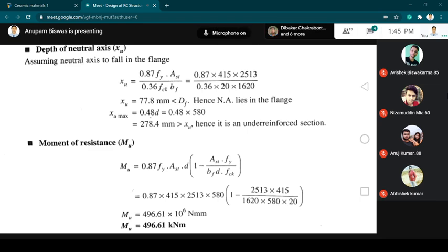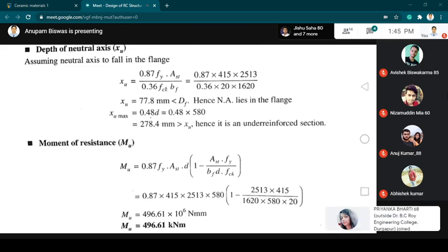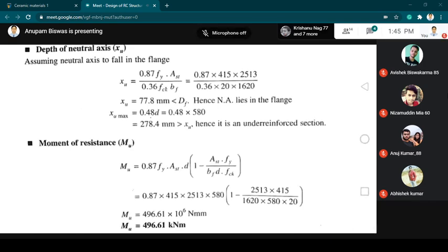So from here we know that the design will be considered as a rectangular beam, the width of the beam as bf, width of flange, right? So from table 4.2, as discussed, the value of xu max by d for Fe415 steel is 0.48.